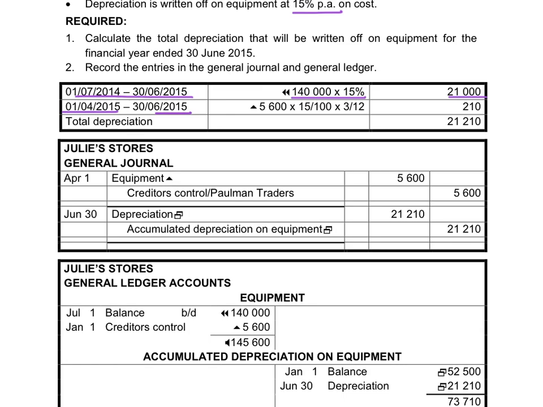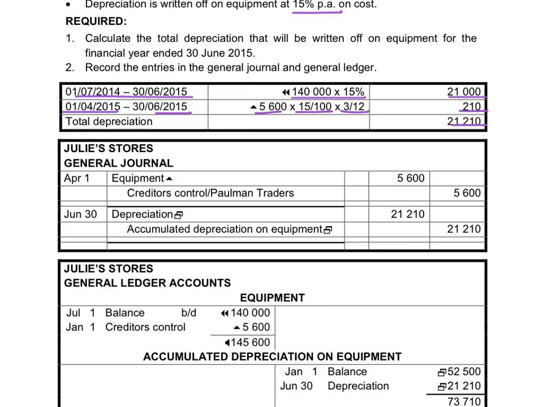Remember that depreciation is not calculated on the birthday of the asset when you've used the asset for 12 months. It is calculated at the end of the financial year. So on the 5,600, we will calculate 15%. We used it for April, May, June, only 3 months, and therefore we will calculate the total as 21,210.